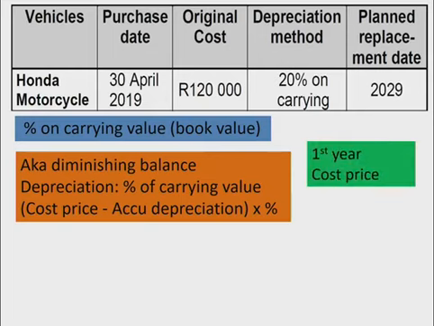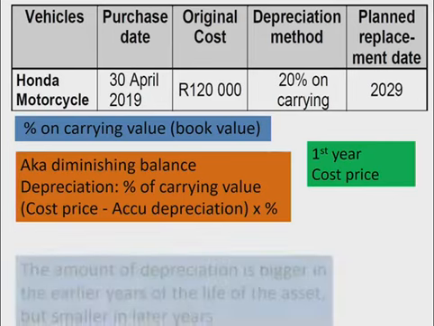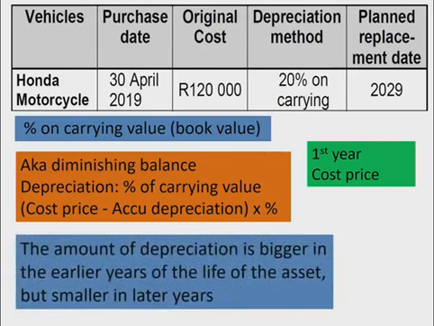But in your first year, grade 11s and 12s, there is no accumulated depreciation of the previous year. So in your first year, you will be using the cost price method. But in the subsequent years, it will be the diminishing balance.